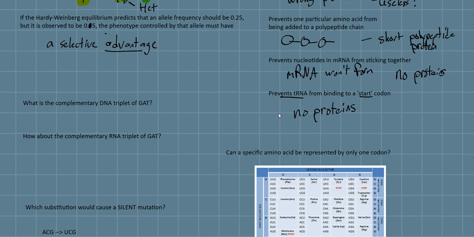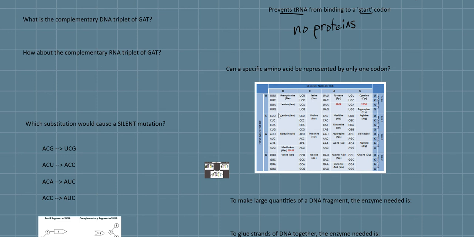When we were looking at mRNA and tRNA and the process of transcription, translation, we had the idea of complementary triplets. So a complementary triplet for G, A, T, G is always paired with C, A is always paired with T, and T is always paired with A. C and G and A and T are always paired together on DNA. When we are going over to RNA, when we're making RNA, then we have the same guys, GAT.